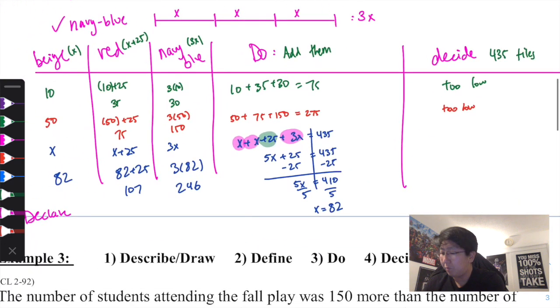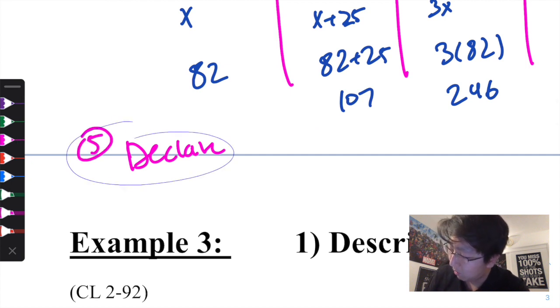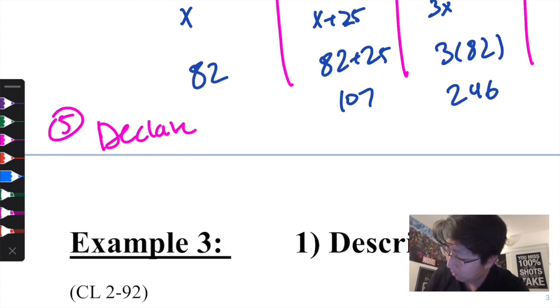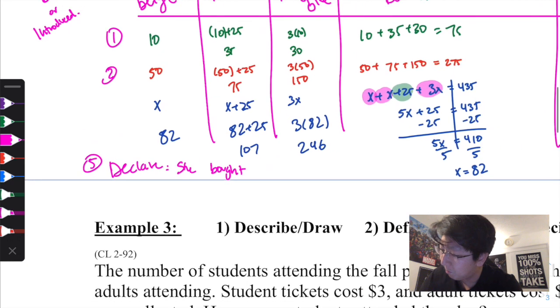So that's perfect. So our last part, declare. We're going to declare, and the declare is just a complete sentence. She bought, what did X represent?